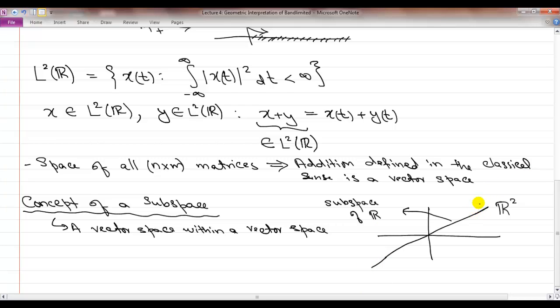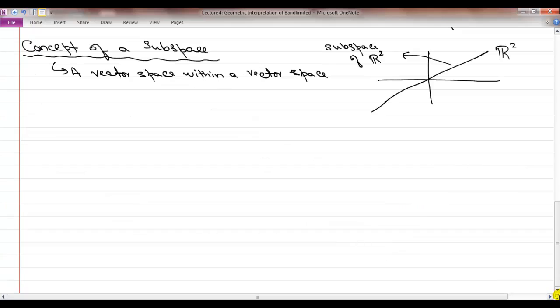Okay. Any line which passes through the origin in R2 and keeps on going, it's typically termed as a subspace of R2. Similarly, if you think of a plane in R3, that is also a subspace. Now, what is the formal definition of a subspace? Let's look at that.